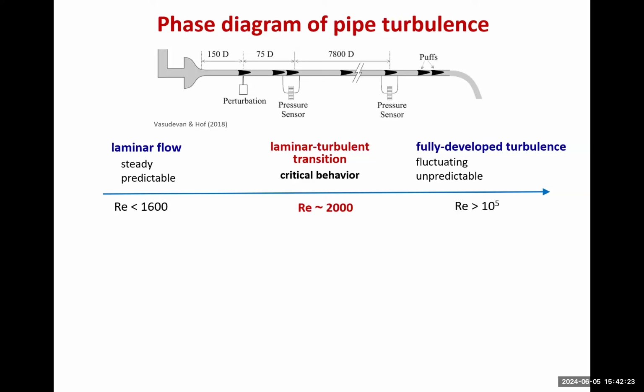That's the control parameter. If the Reynolds number is low, then the flow is laminar. If the Reynolds number is high, which can happen because the viscosity is small or the speed is high, then you will get turbulence. And in between, there is some sort of transition, and people have been studying this transition since 1883.